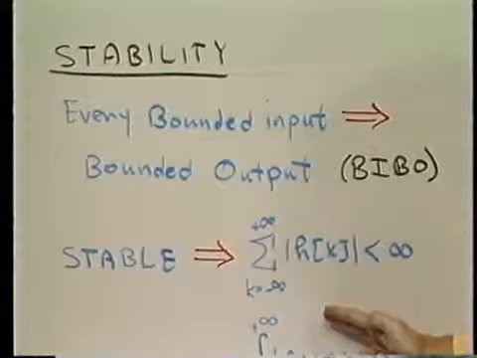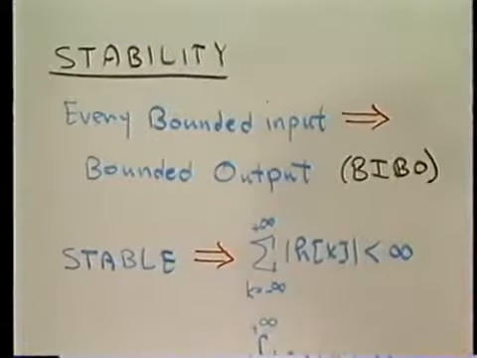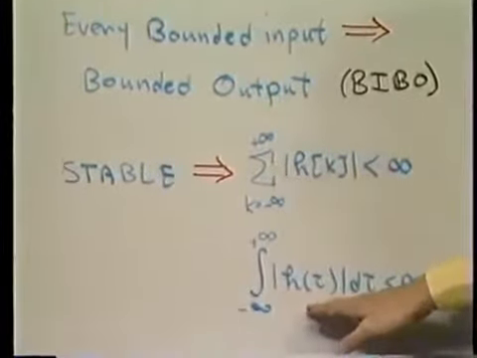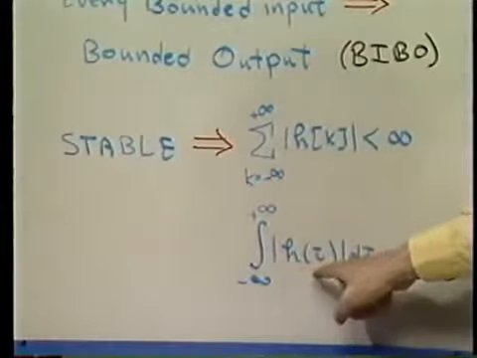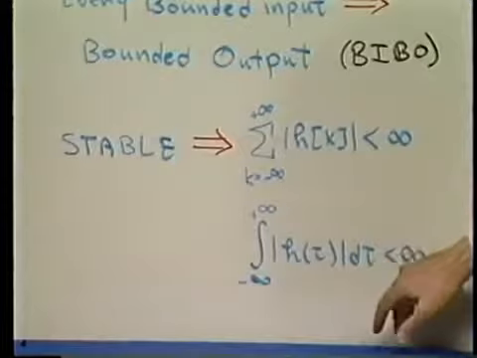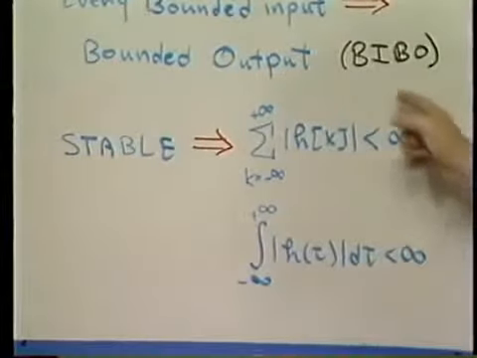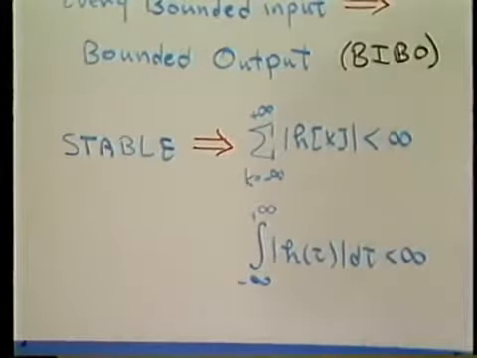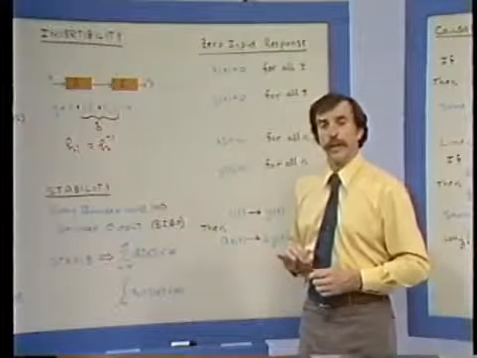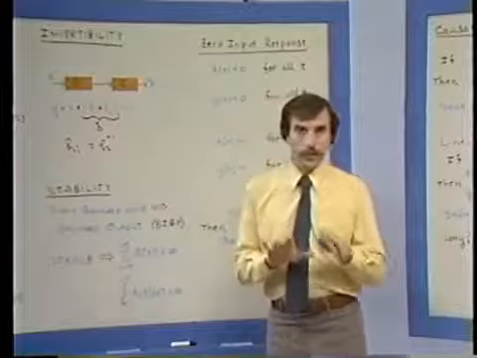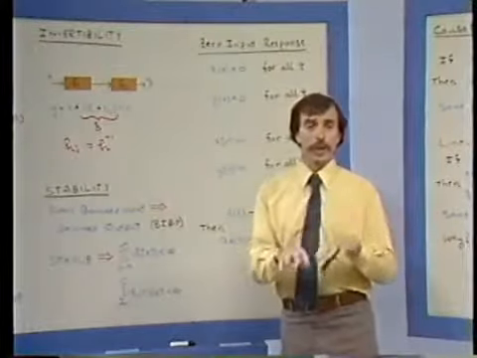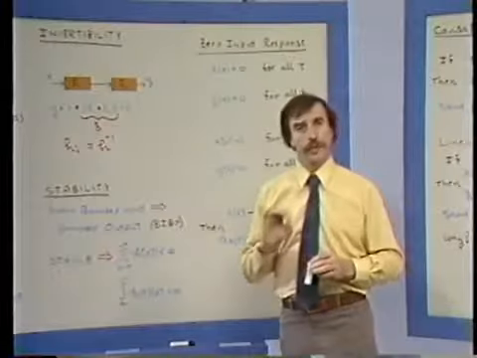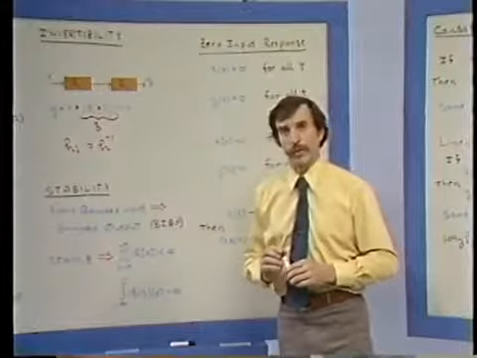Or in the continuous time case, that the impulse response is absolutely integrable. In other words, if you take the absolute values of h of t and integrate, that's finite. And under those conditions, the system is stable. If those conditions are violated, then for sure, as you'll see in the text, the system is unstable. So stability can also be tied to the system impulse response.